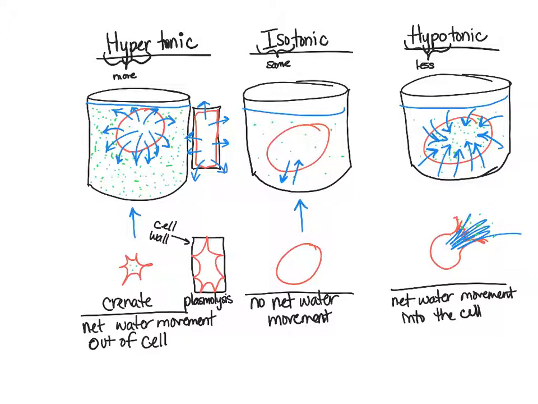In an isotonic solution, we're going to see the same thing. The cell is going to be fine because we see the same amount of water movement in as out of the cell. And then on this side, I'm going to draw in a hypotonic solution. So if we have our plant cell here with its cell wall, and in this case, we have our net water movement in the cell.